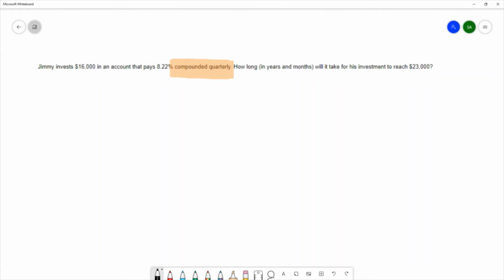For compounding quarterly, we would use the formula A equals P times 1 plus R over N to the NT. And the reason why I know to use this formula is because compounded quarterly will tell us the value of N to be 4. N is the number of times interest is compounded in 1 year.